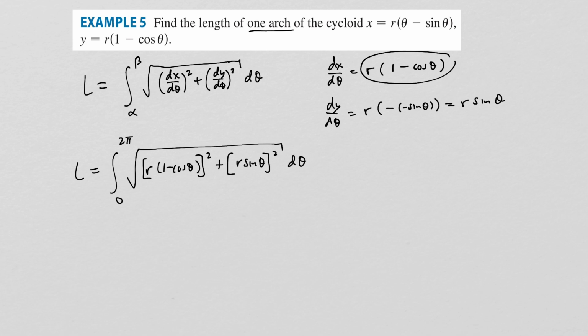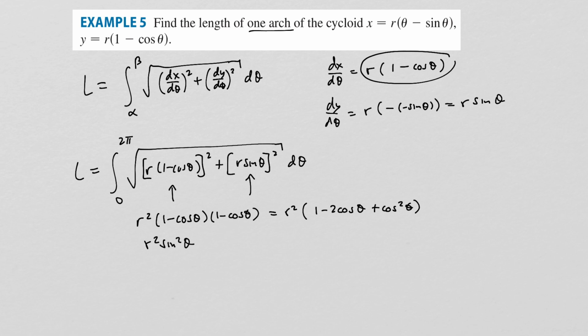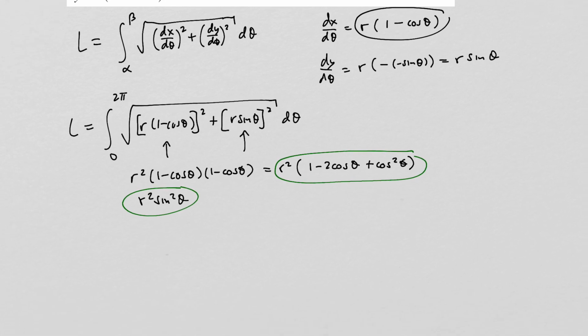So now let's just go through and do the multiplication here. So we're going to have r squared times 1 minus cosine times 1 minus cosine, and that's going to be r squared times 1 minus 2 cosine theta plus cosine squared of theta. And then the other one here is just going to be r squared sine squared. So now in the radical we are adding this and this.